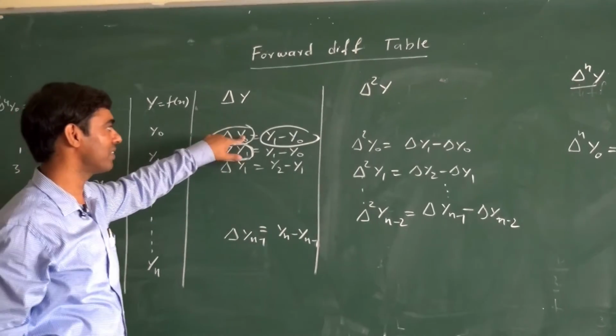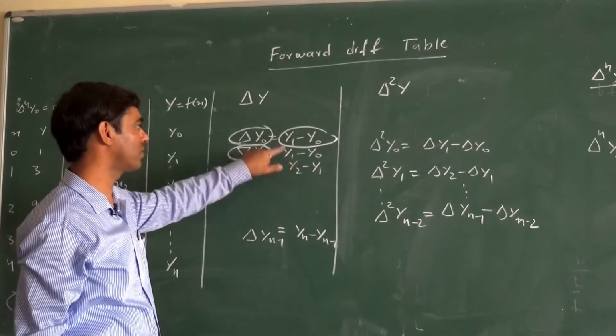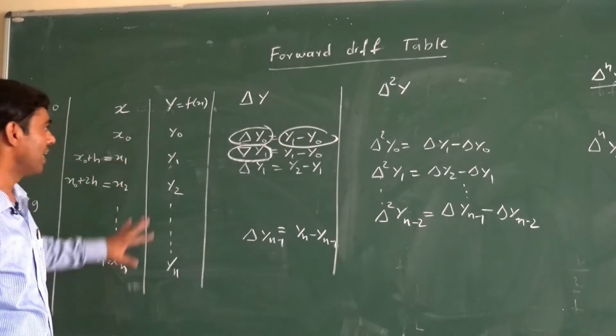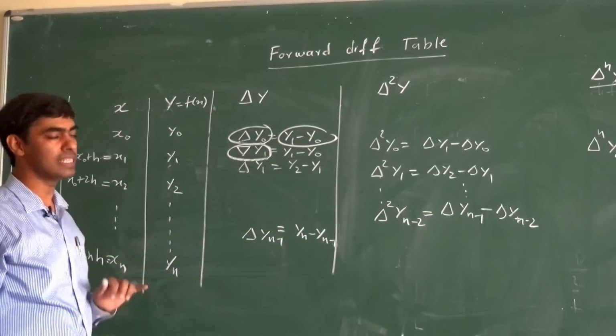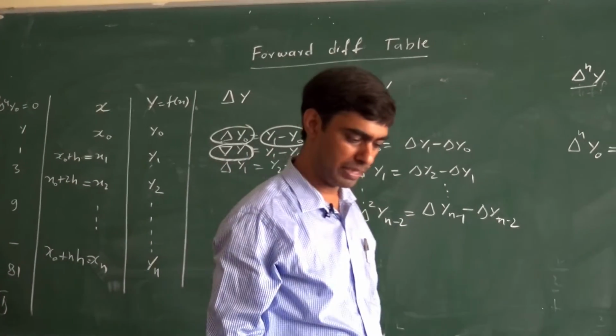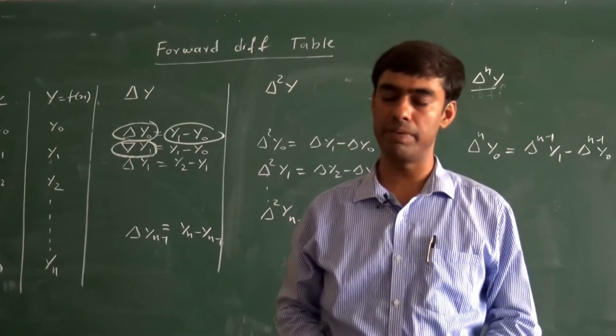This one is a forward difference y0, but the right-hand side of both difference operators is equal. So in terms of calculation, there is no difference between forward difference table, backward difference table, and central difference table.